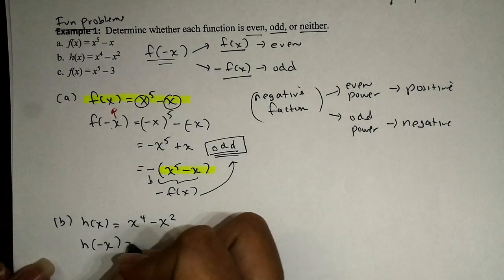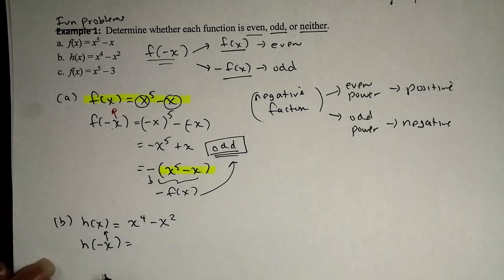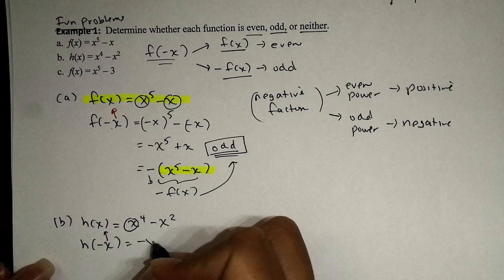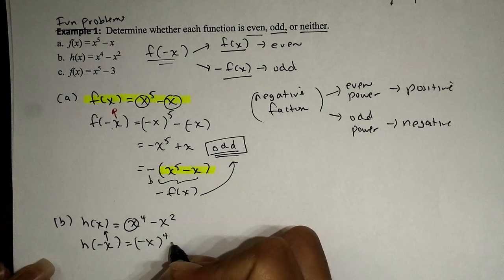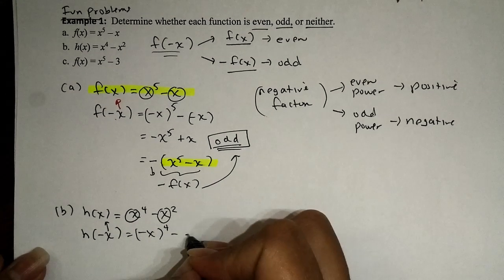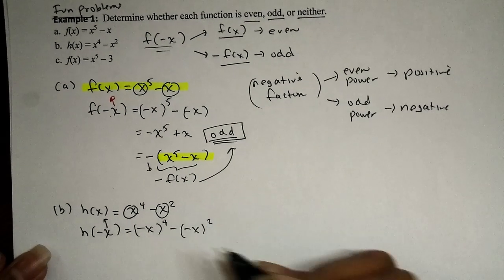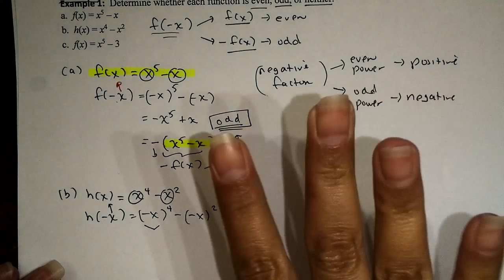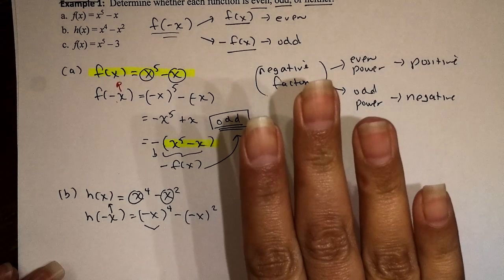So that will give us, substitute a negative x for the input of x. So we have x, which we swap out for negative x, raised to the 4th power, minus another x, which we're swapping out for negative x, raised to the 2nd power. Negative x to the 4th power means that we have 4 factors of negative x. Yes, lovely fingers.